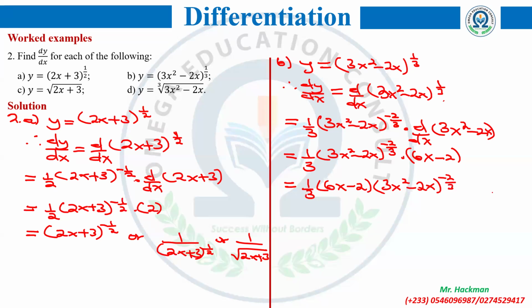All correct? Yes, please. Okay, so now we know that this and this I can easily multiply. So it will be 1 over 3 times 6x, and that will give us 2x. Do you agree?